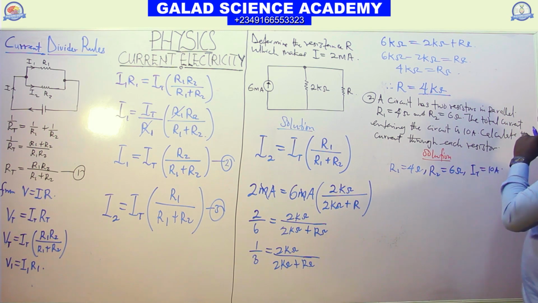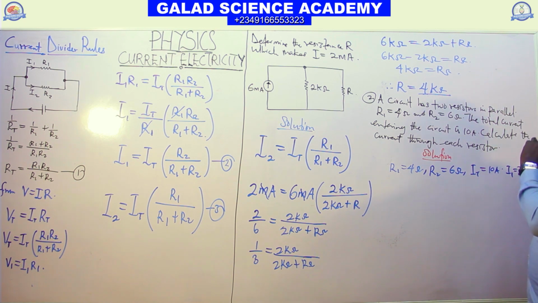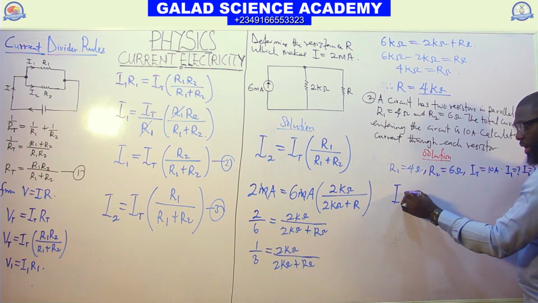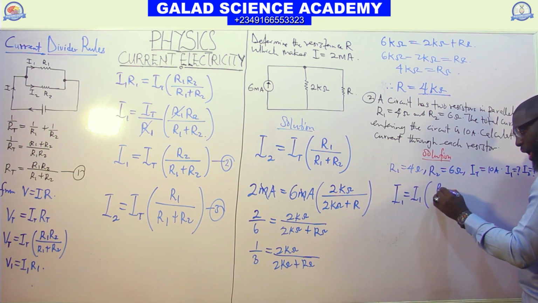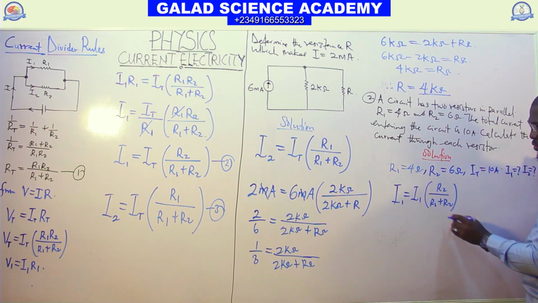Calculate the current in each resistor. Current I1 is unknown, current I2 is unknown. So to know I1, what is the formula? Current divider rule. Current I1 will be I total into R2 over R1 plus R2.